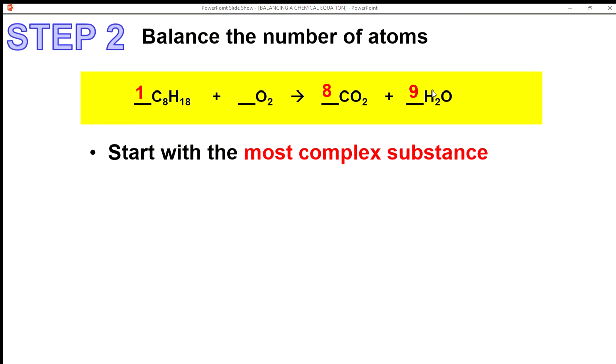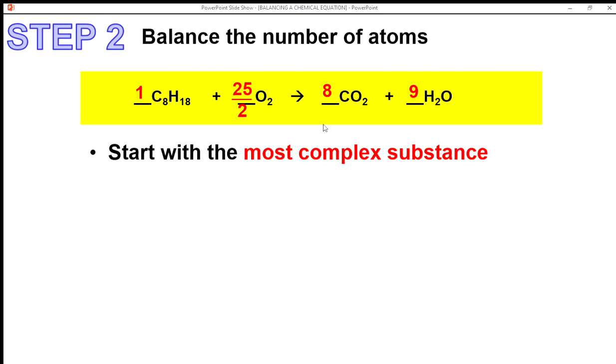The only component left now is oxygen. If we total up the number of oxygen atoms on the right side, there are 8 times 2, which is 16, plus 9. How many is that? Yes, 25 moles of oxygen atoms on the right side.